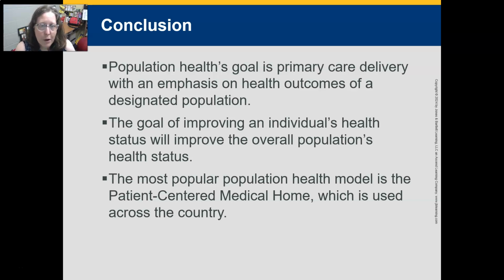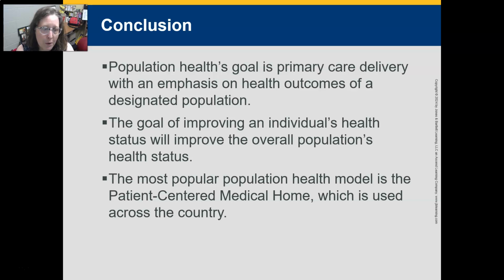So in conclusion, population health's goal is primary care delivery with an emphasis on health outcomes of a designated population. Could be geographical, could be disease-based, could be a type of person. The goal of improving an individual's health status will improve the overall population's health status. So as each individual's health increases, the population's health will increase.